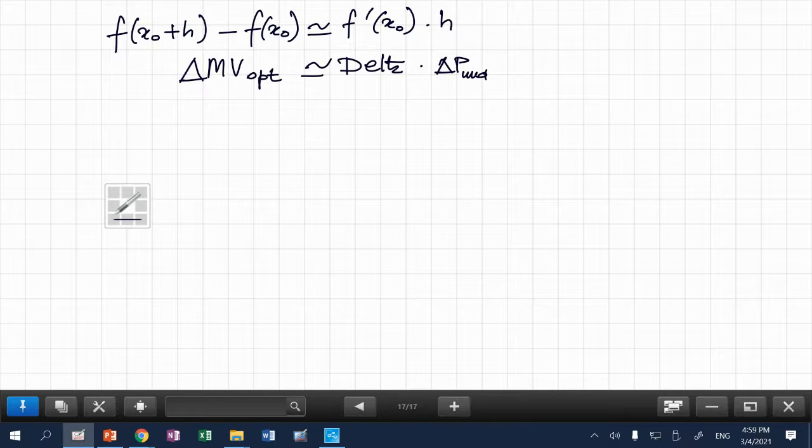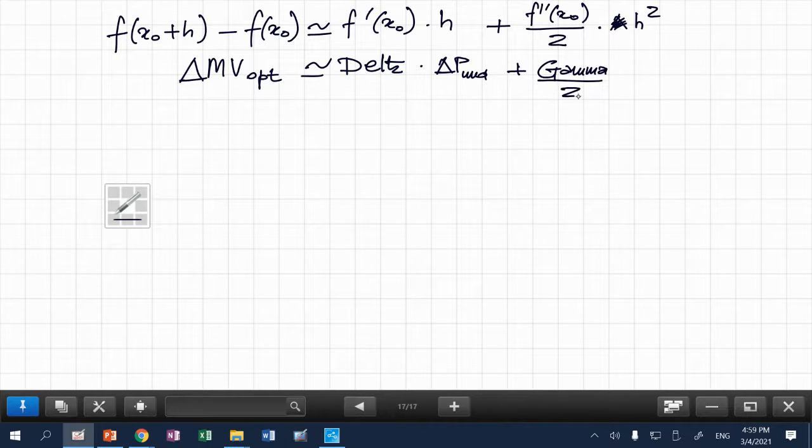If we extend that to the second order, the term would be the second derivative taken in x0, divided by 2, and multiplied by h squared. And in the case of options, this is equivalent to adding gamma, which is exactly the second derivative, divided by 2, and multiplied by the change in the price of the underlying squared.